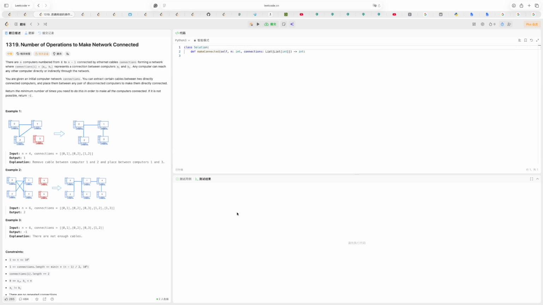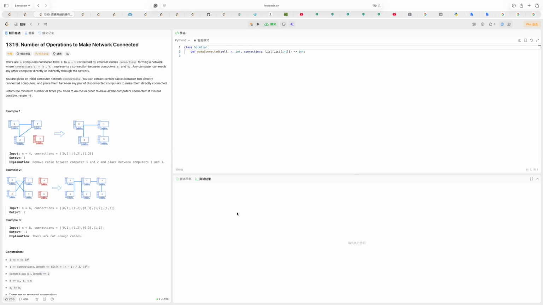Okay, so first of all, can A and B be the same? Okay, not the same. And the range of A, B will be in 0 to n, yes. Okay, and does this have a direction, like A to B?